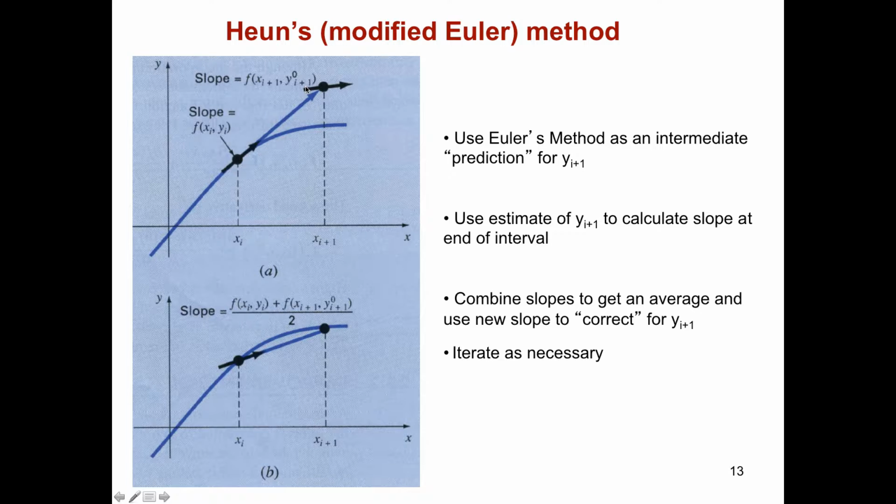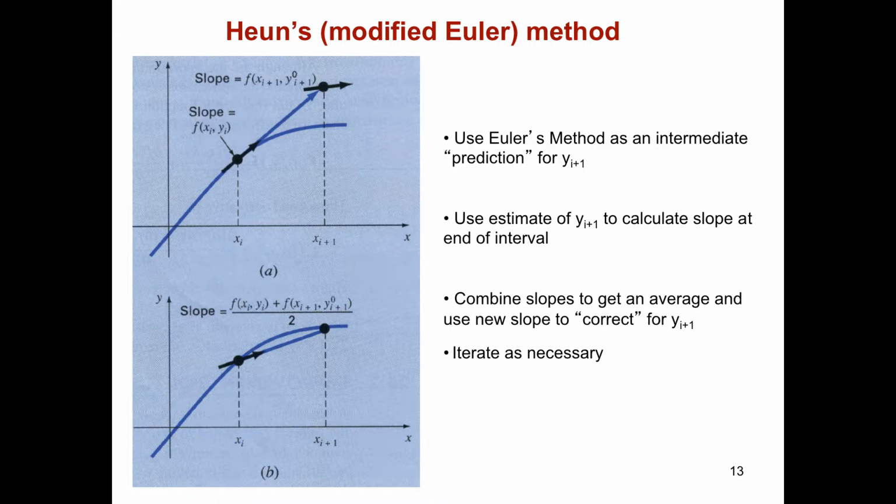That's it. So my adaptation of this is that my slope will not just be f of x i, y i. It's going to be the average of the 2 neighboring slopes. And I'm hoping that that's going to be more accurate.